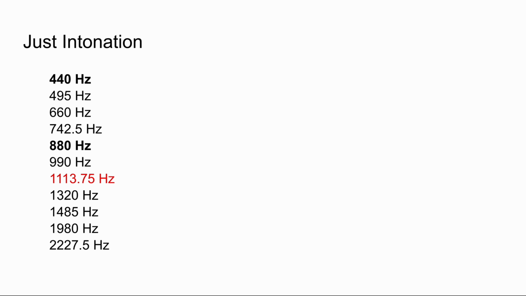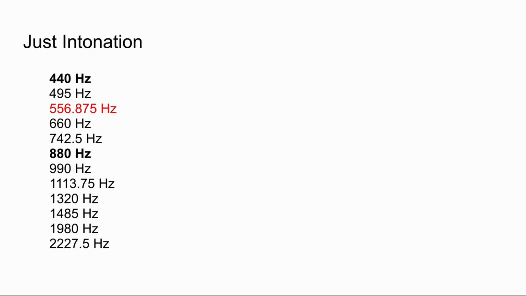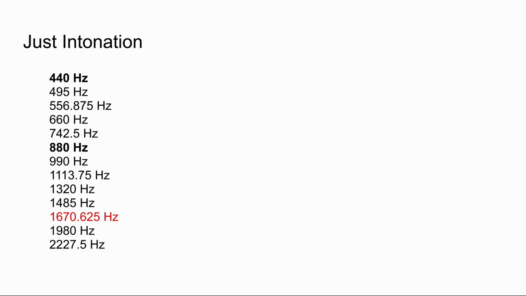This is still outside the octave, so we divide by 2 again, resulting in 556.875 Hz. Multiplying by 3 brings us to 1670.625 Hz. And we can repeat this process, multiplying by 3 if we're inside the 440 Hz to 880 Hz range, and then dividing by 2 once or twice, whichever will take us back inside the range.